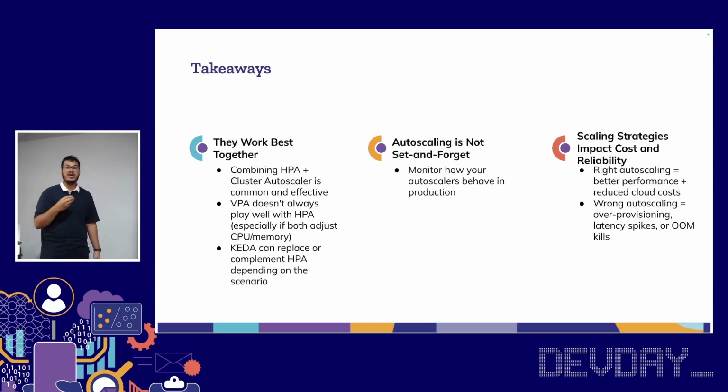That means you would have over provisioned where it's not needed. Or if you have it set to a very high threshold, suppose 80 or 90%, it will lead to OOM kills and latency spikes where even before scaling up, your application has died down. So you should always keep on monitoring and tuning your thresholds for all of the autoscalers that you use.